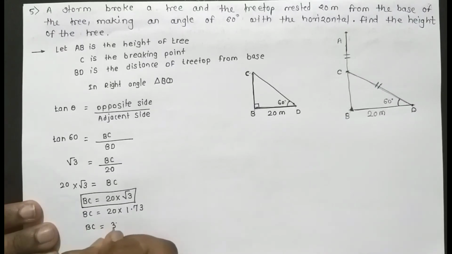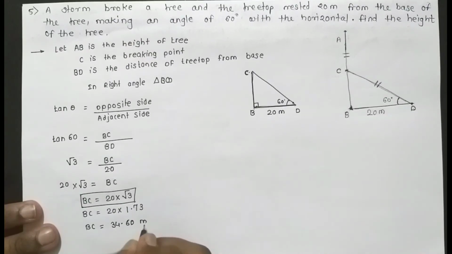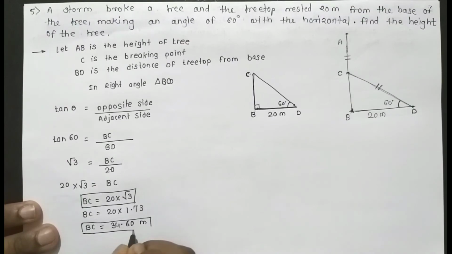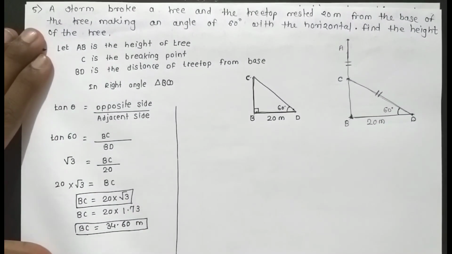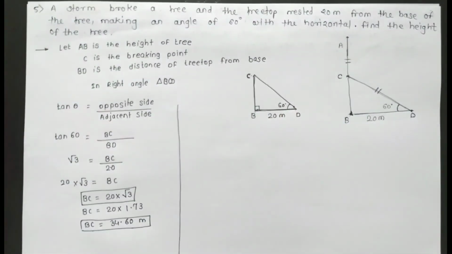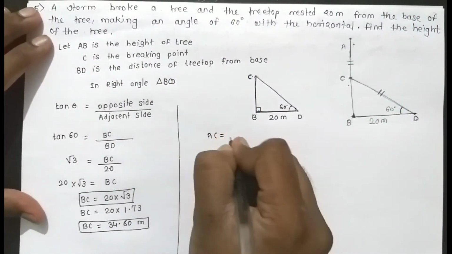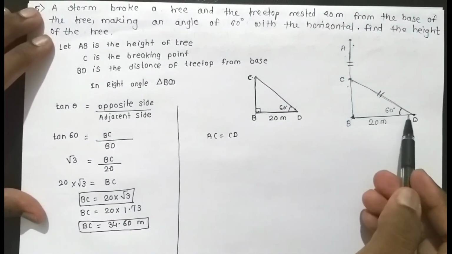BC is equal to, by multiplying we get the answer 34.60 meter. Now we know the value for BC. Now we have to find AC, but AC is congruent to CD. AC is equal to CD.